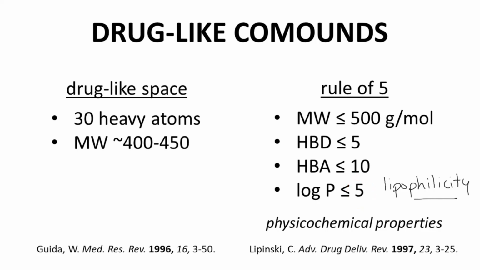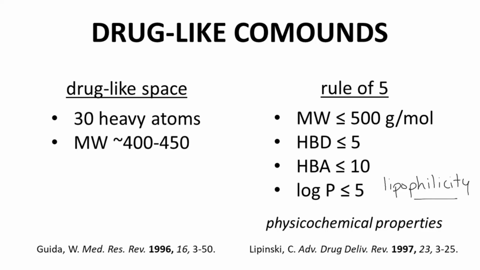A compound that breaks 2 or more of these rules is at high risk of having poor oral availability. These are all examples of physicochemical properties. These specific properties can predict oral absorption of a molecule.